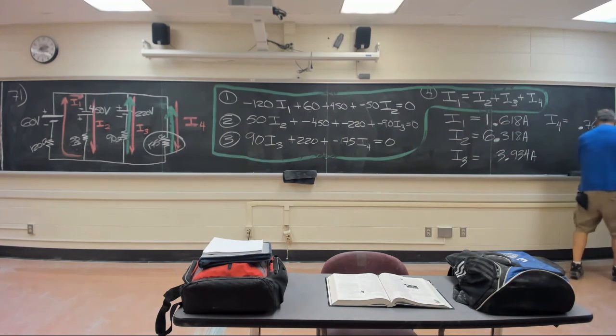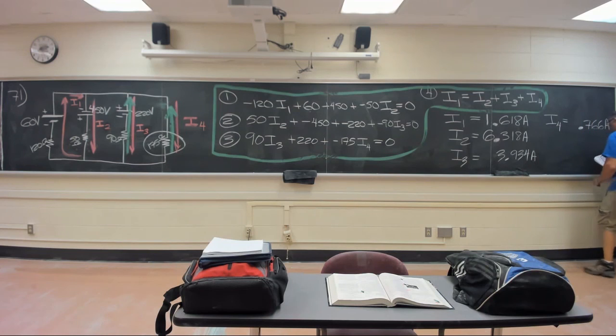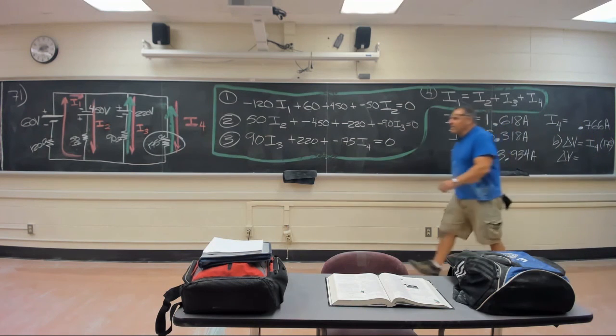So for that one right there, the magnitude of the potential drop is going to be what? That's I4 going through there. Either way, don't worry about which way it's going through there.